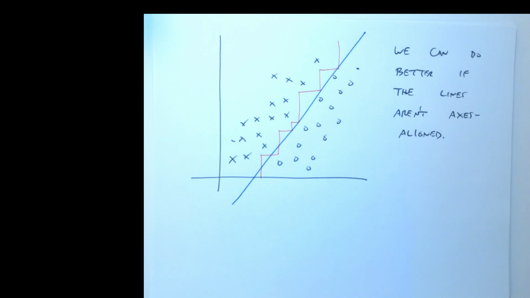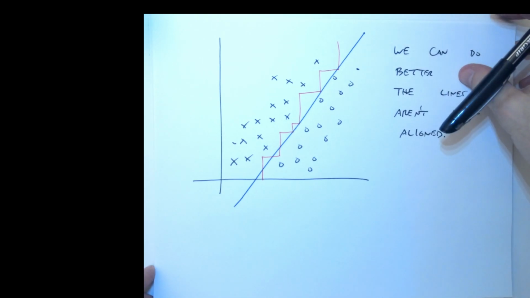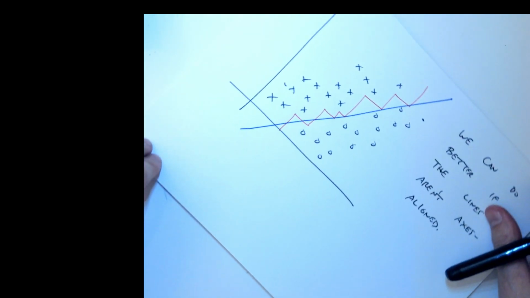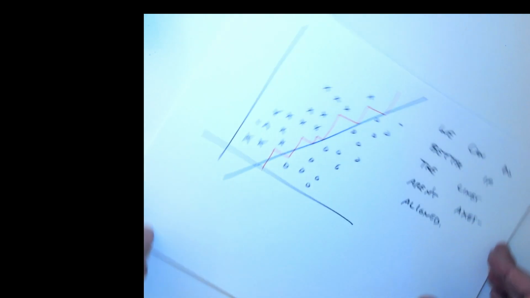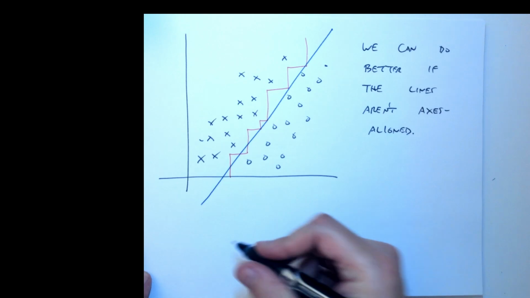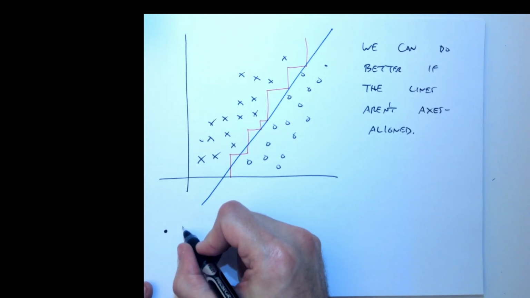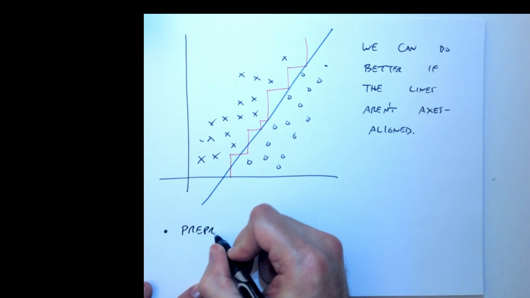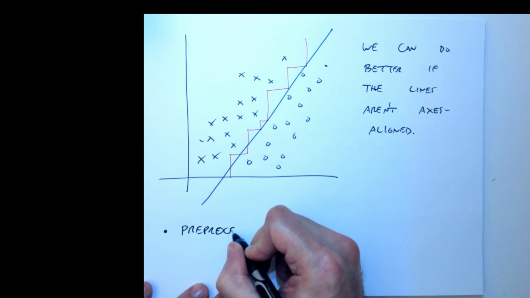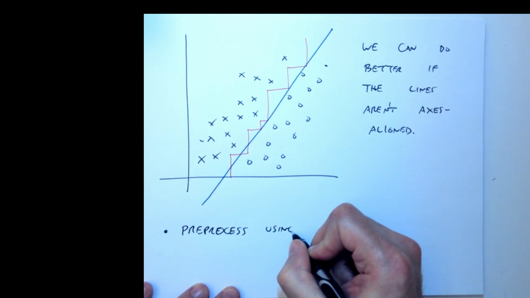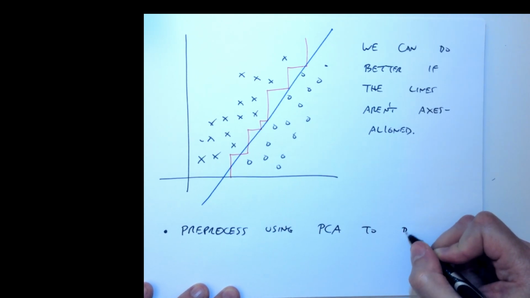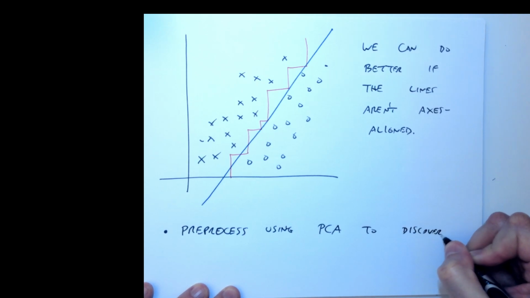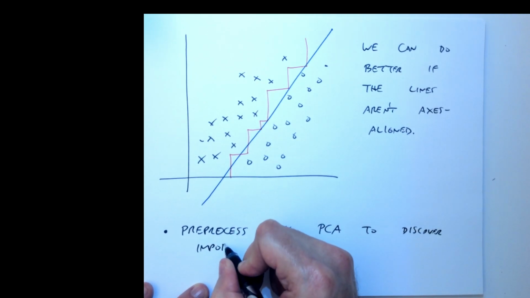And then I arrive at a rotation of the coordinate axes from the old to the new. So for example, PCA on this data would turn this data around so that I could draw a straight line on the x2 axis and it would be great, right? So one option is to do PCA first, so pre-process using PCA to discover important axes.